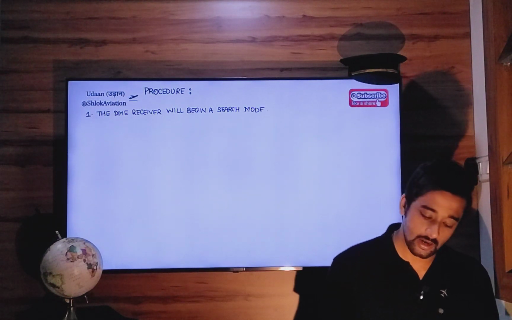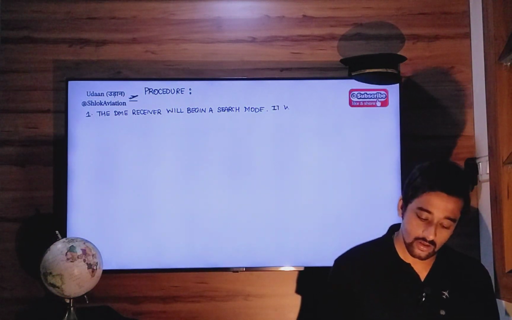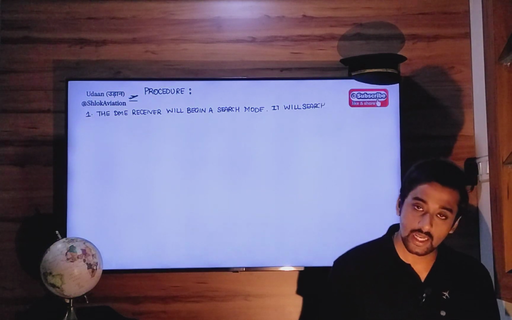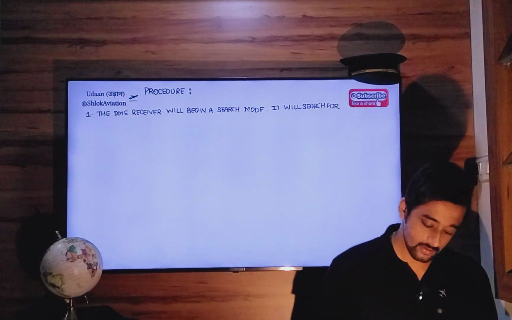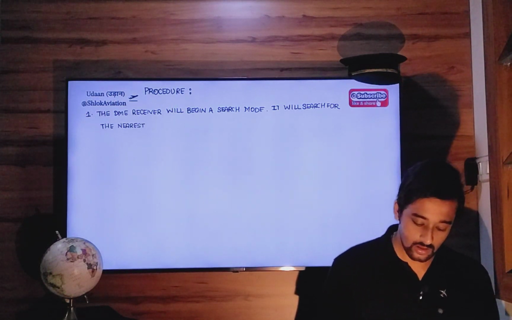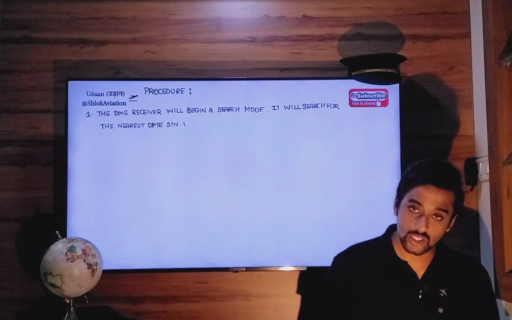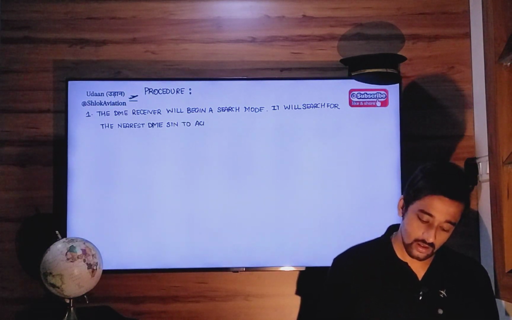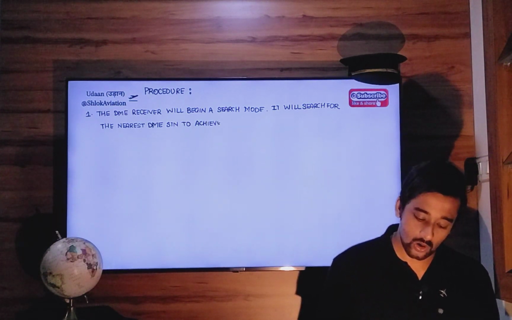This search mode will search for the nearest DME station to achieve lock on.